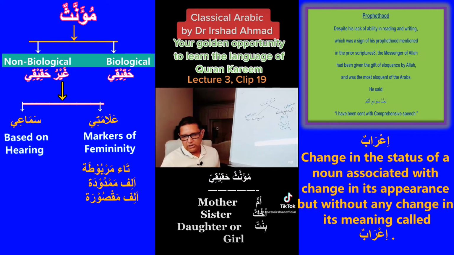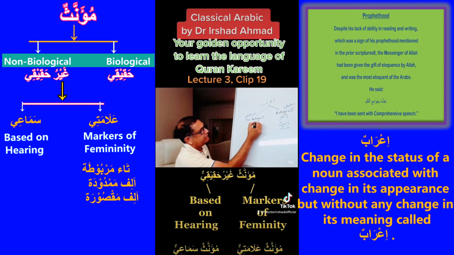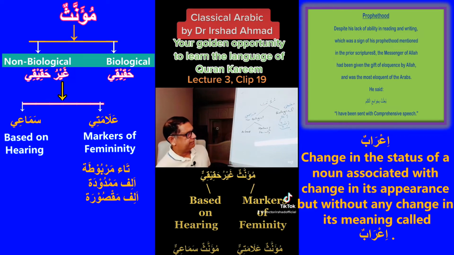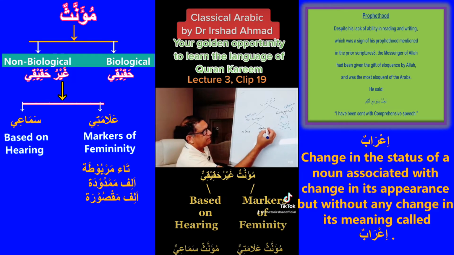On the non-biological side, they have divided them into two again: those which have markers of femininity and others which are based on hearing, as heard from people around us, from those who speak the language. Markers of femininity are called alamati muannas.